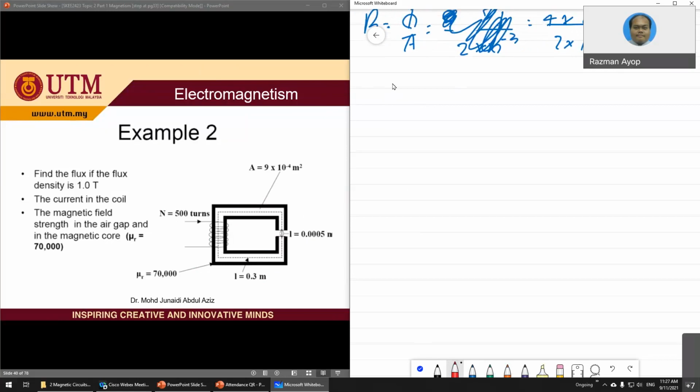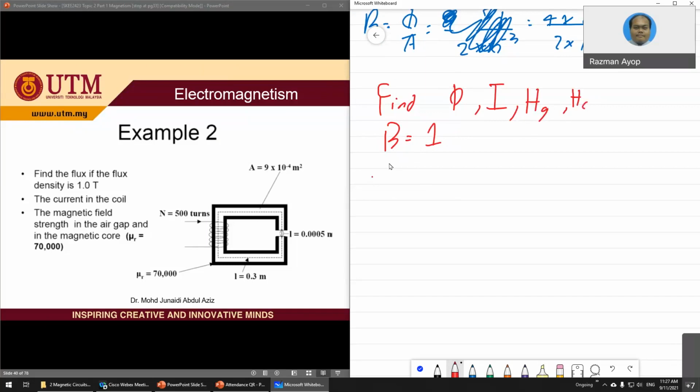So find the flux if B is 1, and then find the current, and then find the magnetic field strength H in the air gap and the H in the core.